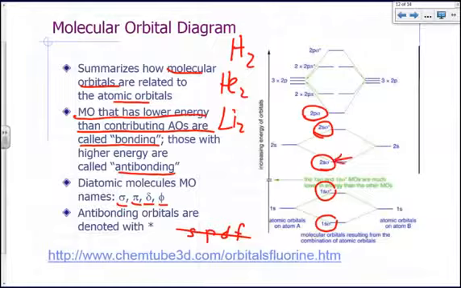So when you say 2s sigma, that's a sigma orbital that's formed between the 2s orbitals. This 2p sigma right here means that's a sigma orbital that's formed between two 2p orbitals.